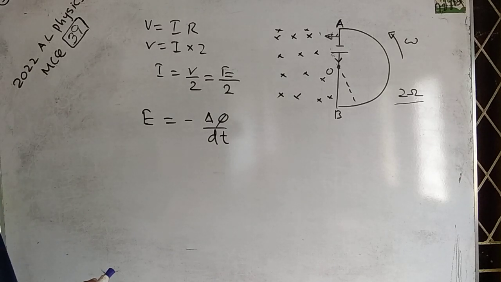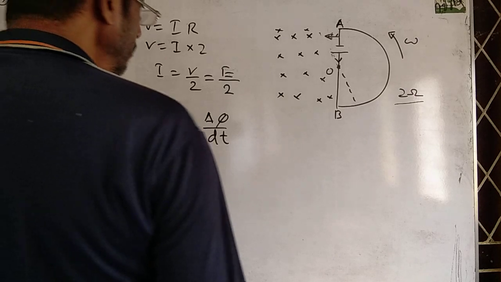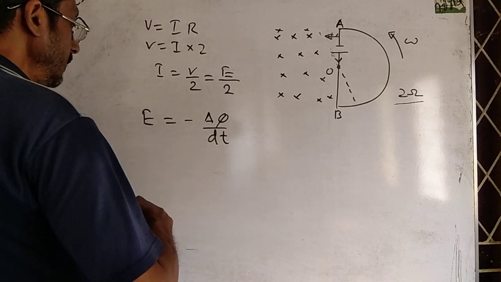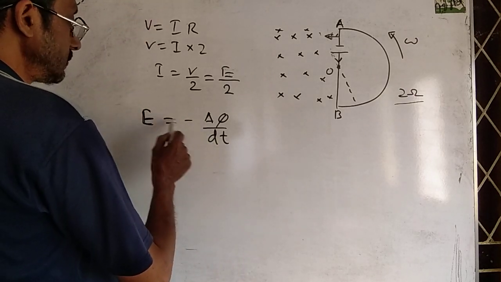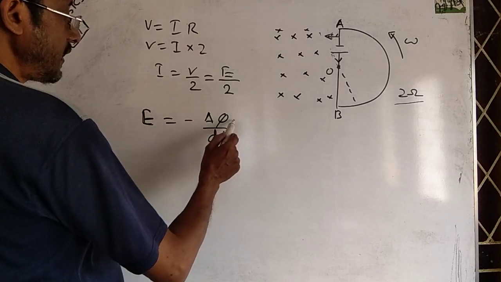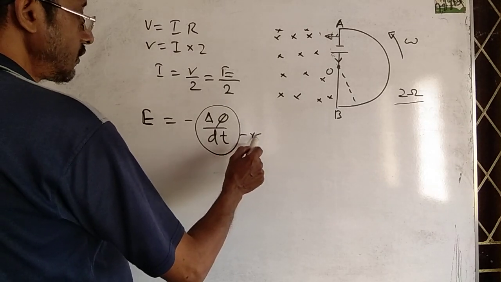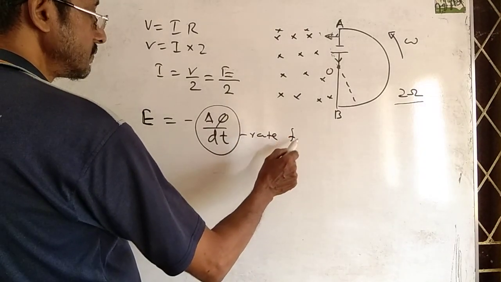And EMF is equal to the rate of change of flux. E equals minus delta phi over delta t. This is the rate of change of flux.